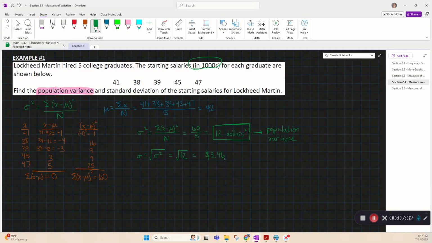So 3.46, this shouldn't even say dollars squared. This should say $1,000 squared. That's what that would look like. So 3.46.